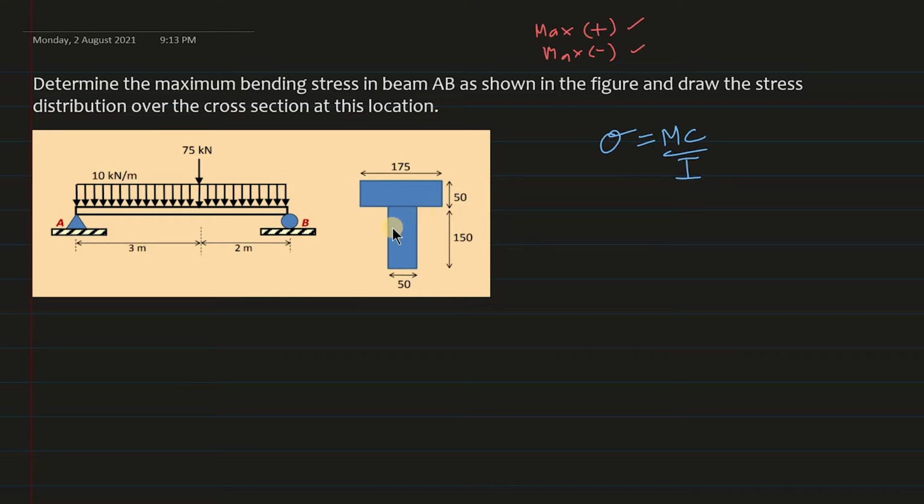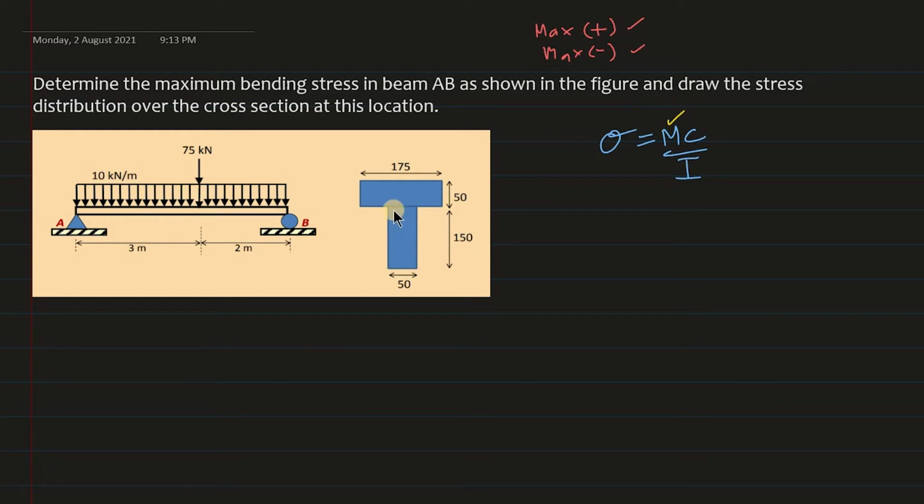Mali yun. Okay? So, isosolve din natin kung ano yung neutral axis niya. And then lastly, itong ating I or the centroidal moment of inertia. Since unsymmetrical na siya, kailangan na natin gumamit ng parallel axis theorem para masolve yung ating centroidal moment of inertia. So simulan muna natin sa paghanap nitong M or the maximum positive and maximum negative moment.